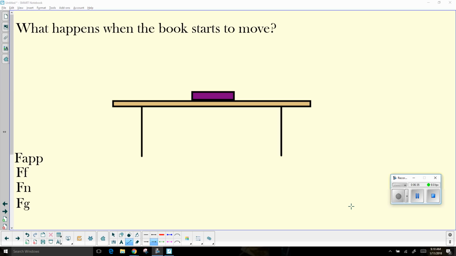So here is our free body diagram when the book now just begins to move. I will still have a normal force. I will still have a gravitational force. We will always label those vectors.